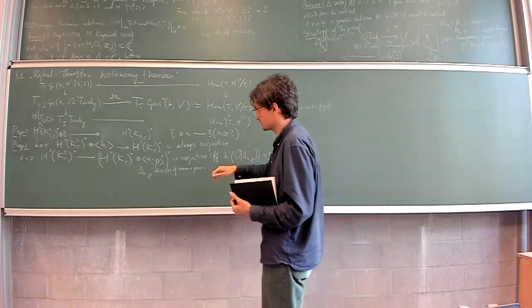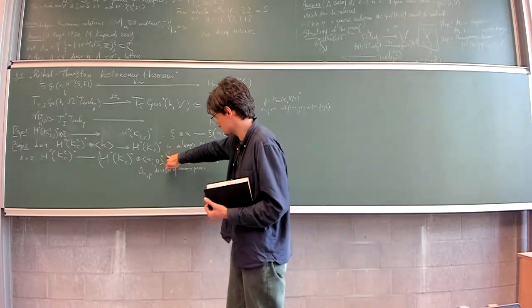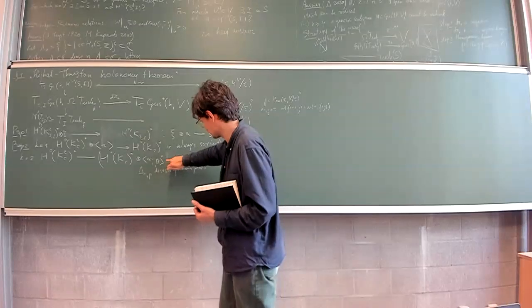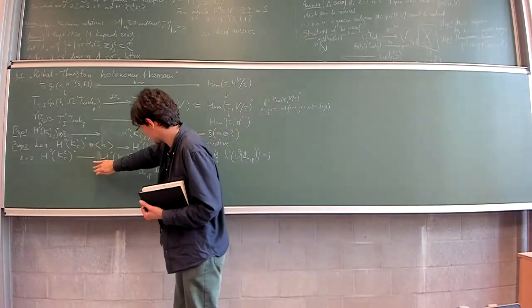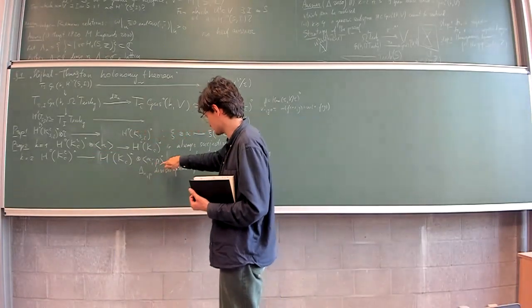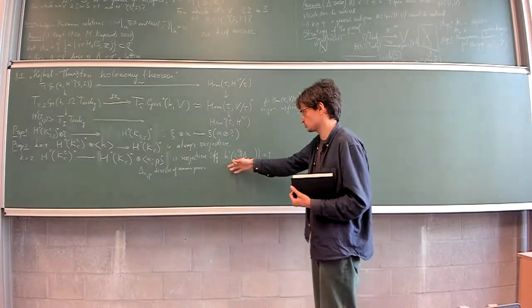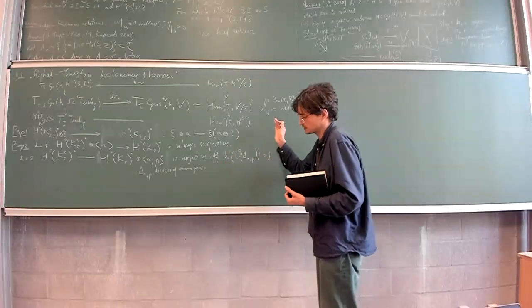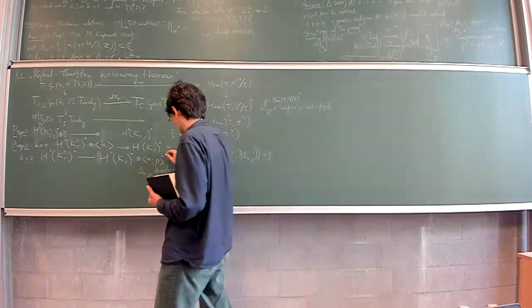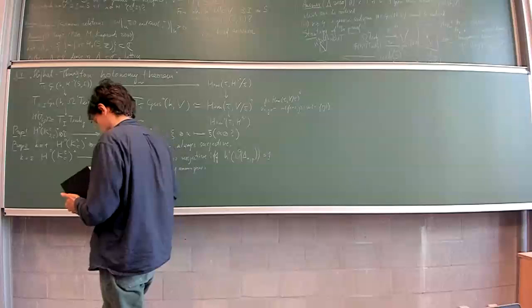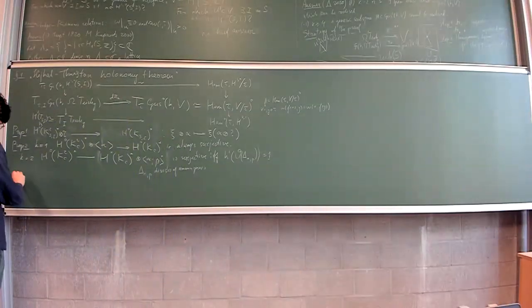Actually, what can be said is that if not, then the co-kernel of this map would be isomorphic to the dual of this H1. So this is already an algebraic condition.